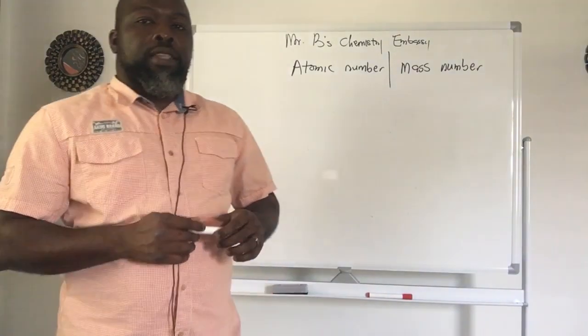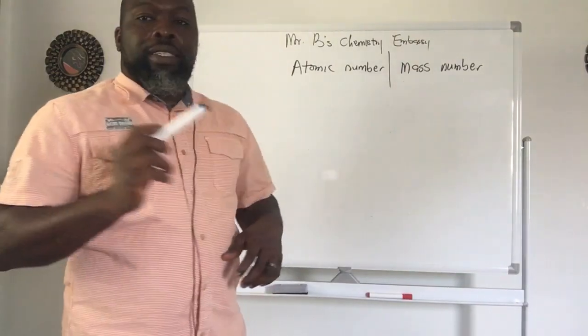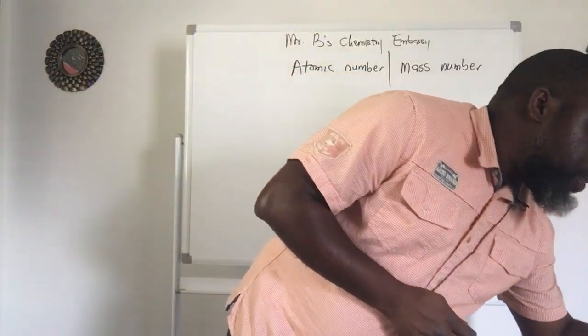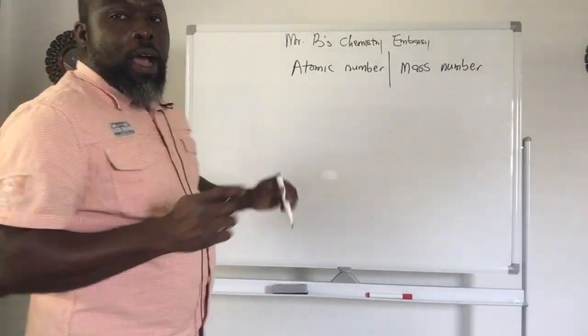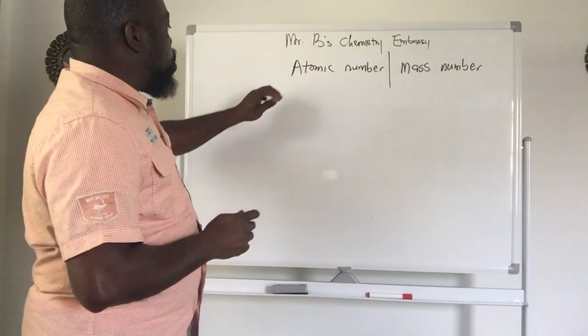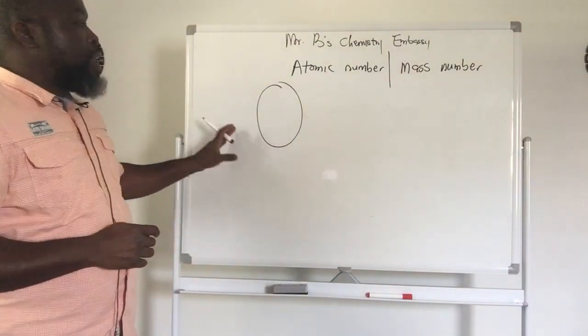So if you look on your periodic table, let's take an example of oxygen. When you look on your periodic table, you will see that oxygen has the symbol O. I hope you guys can see it.